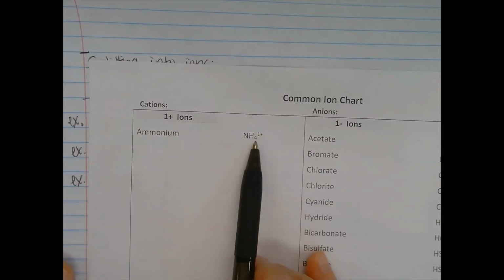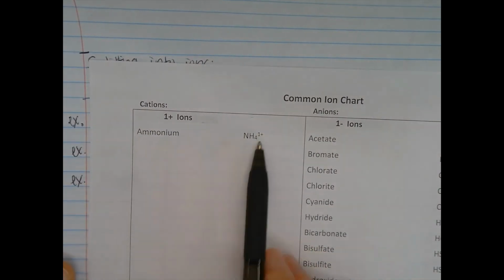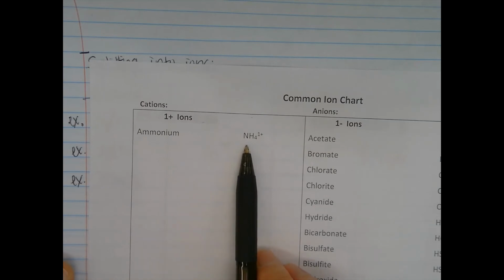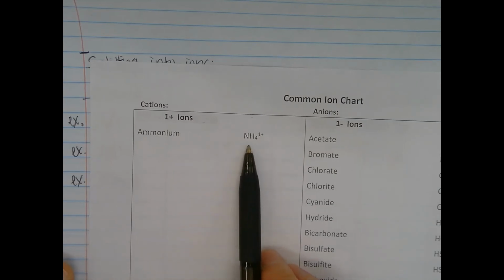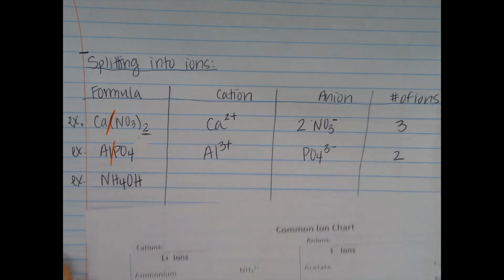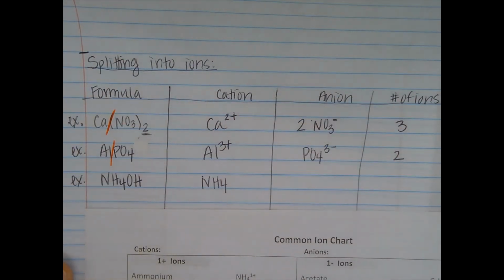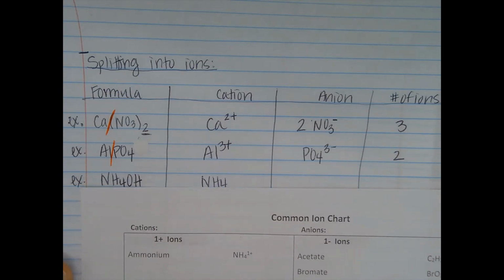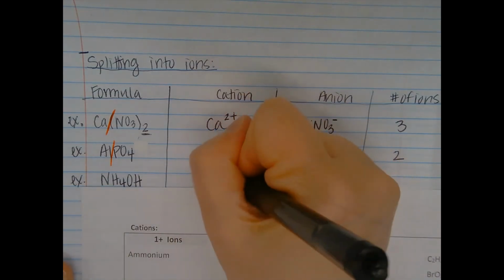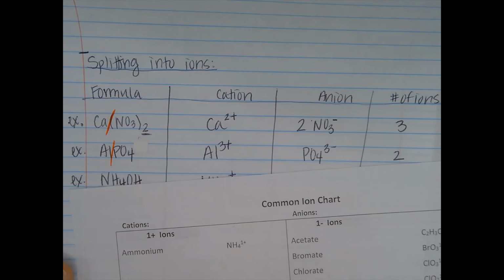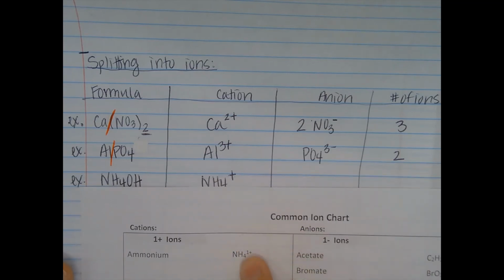So that tells me that my cation of ammonium is NH4. So that NH4 is what I'm going to write as my cation. Also note, we have on here that it's a +1, so NH4 plus. Again, we wouldn't normally write the 1 as the charge, but it's written on here because it'd be so tiny that I want to make sure you can see it.